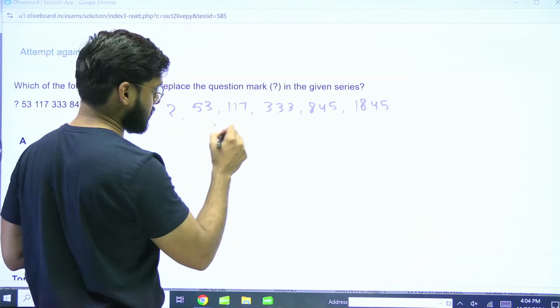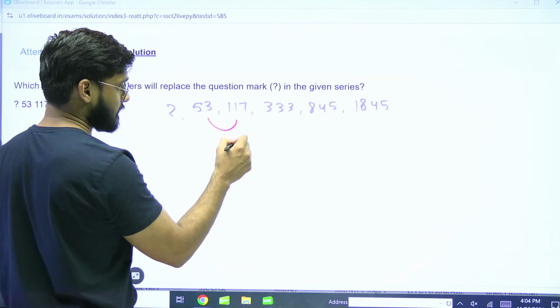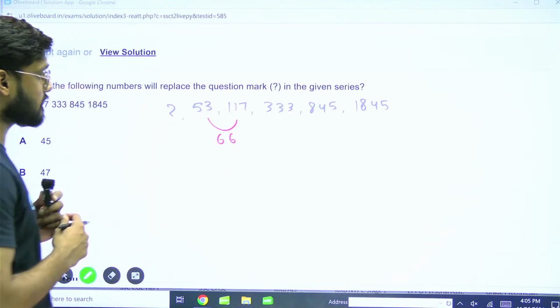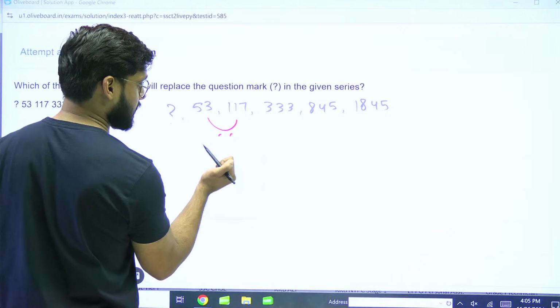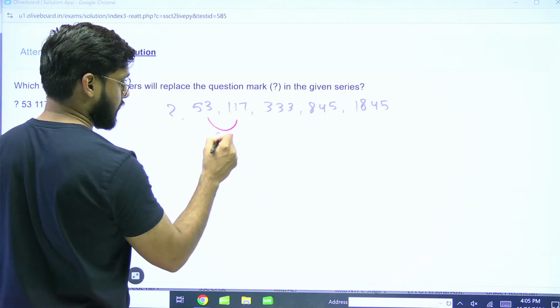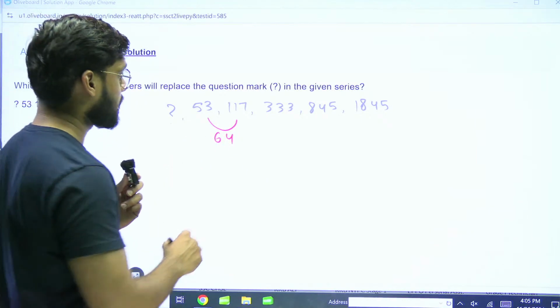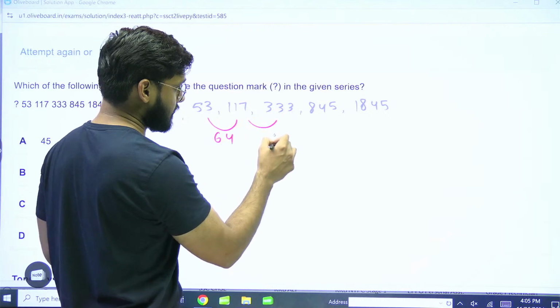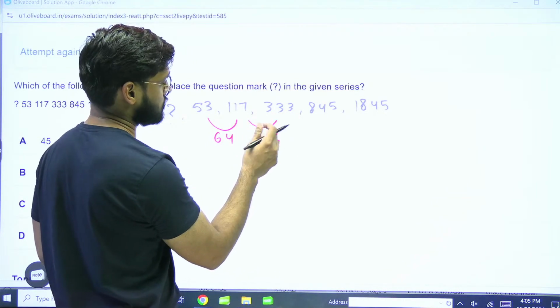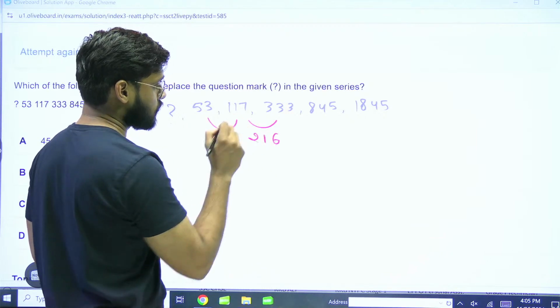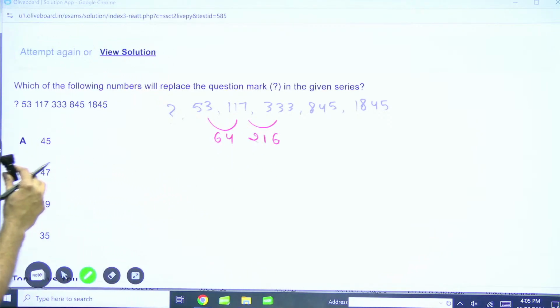Let's take the difference between them. 7 minus 3 is 4, and 11 minus 5 is 6. It will be 64 gap. 13 minus 7 is 6, and 32 minus 11 is 21, so it will be 216, right?